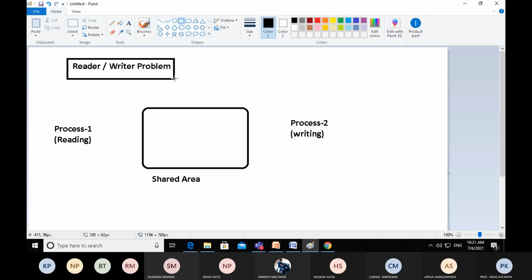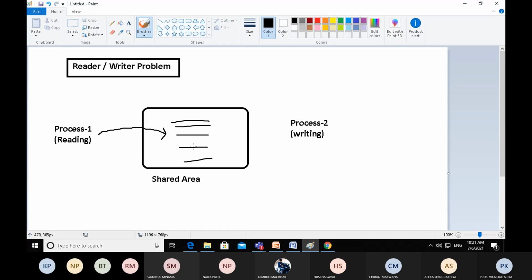So in the reader and writer problem, there are two or more processes and some shared area. The reading process can read, so process 1 can read that particular area if there is content to be read. Let's suppose it is a PDF file open in the shared area, then any number of processes can read simultaneously, there is no problem.